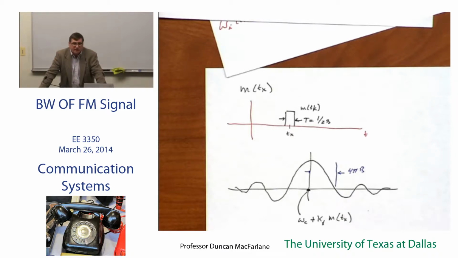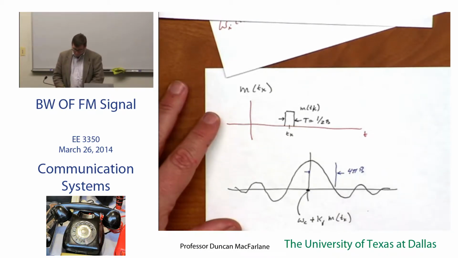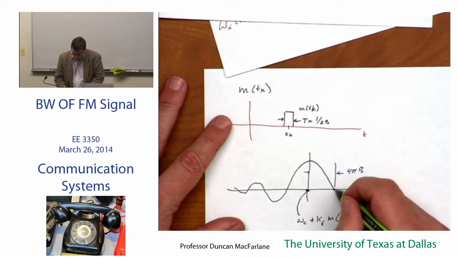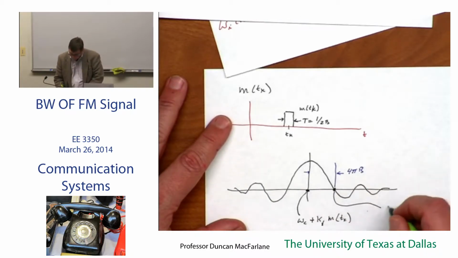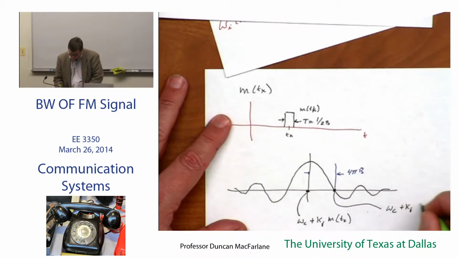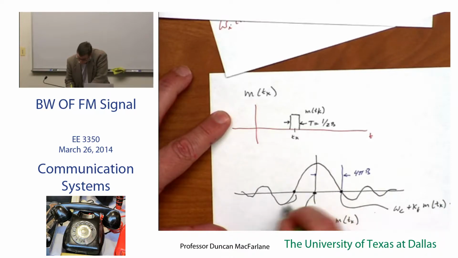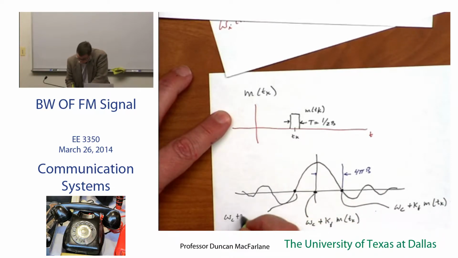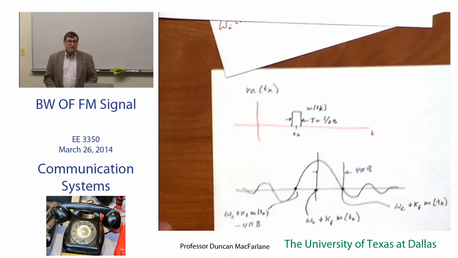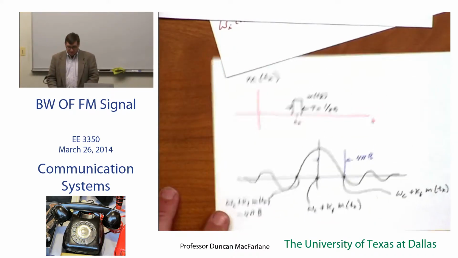They'll all come out. And so this particular point in frequency space is omega c plus kf m of t sub k plus 4 pi b. And this particular point here is omega c plus kf m of t sub k, that's my center line, minus 4 pi b. Okay?